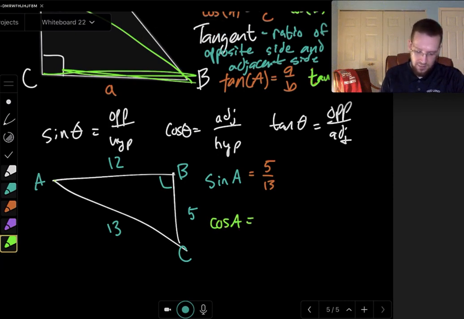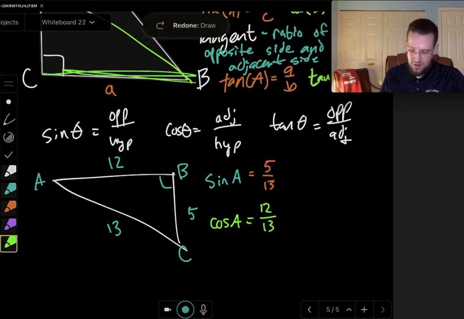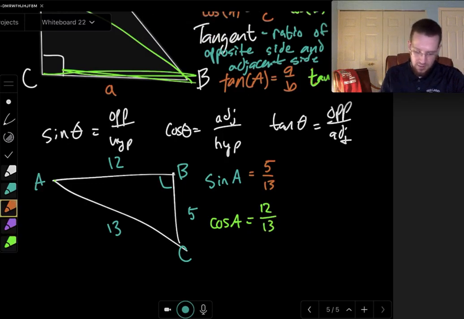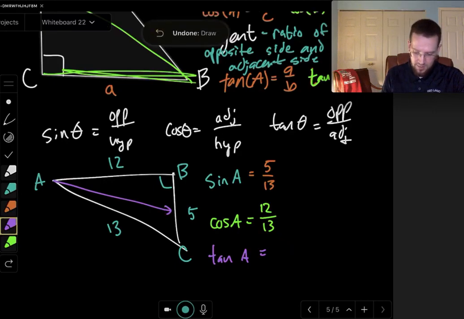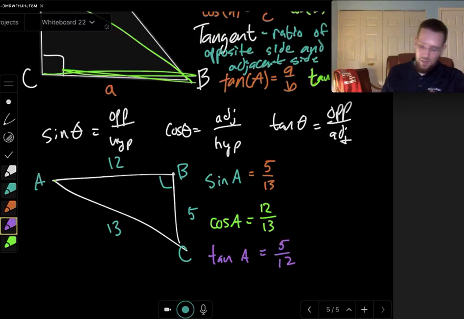That would be the adjacent, the one right beside it, so that would be 12, and the hypotenuse, again, doesn't change. It's still 13. And then finally, the tangent of angle A is the opposite, 5, over the adjacent, which we saw was 12.